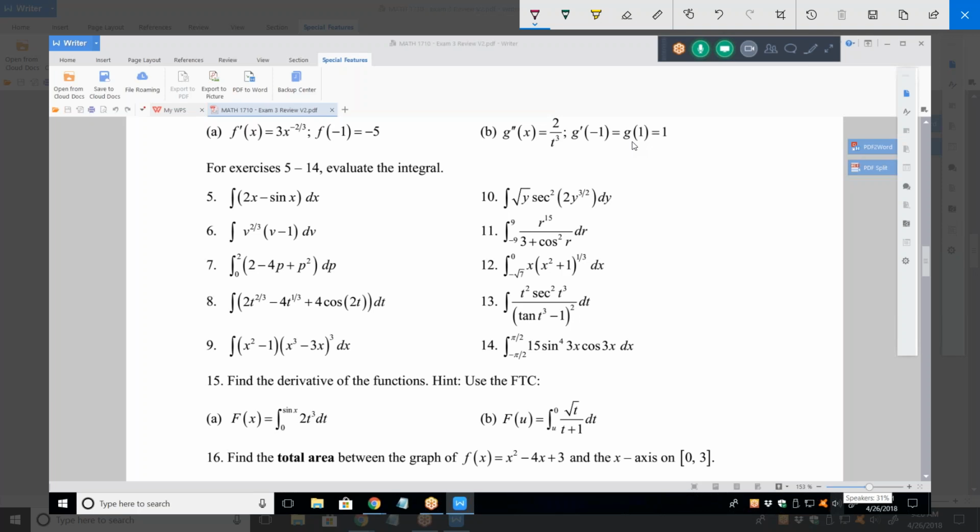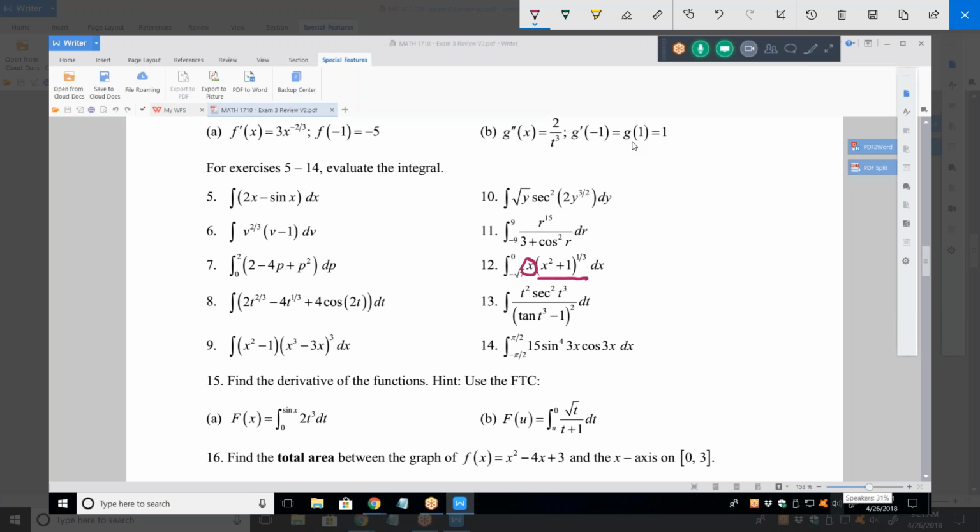12, not hard. Why? It's just a simple U problem, isn't it? The U-Substitution. Why? Because we have a composite function multiplied by the derivative of the inside, or at least the same power of the derivative of the inside.